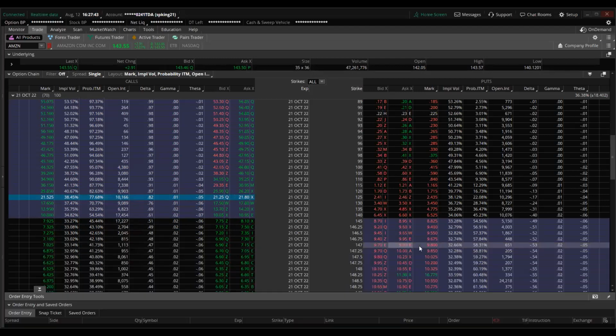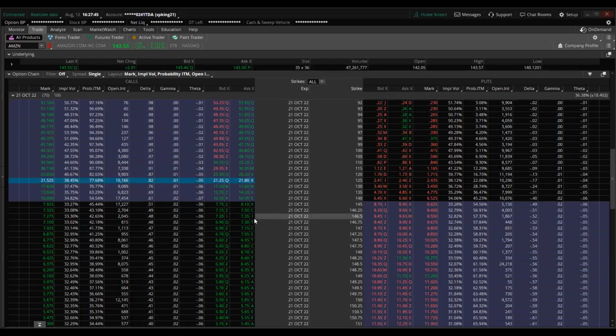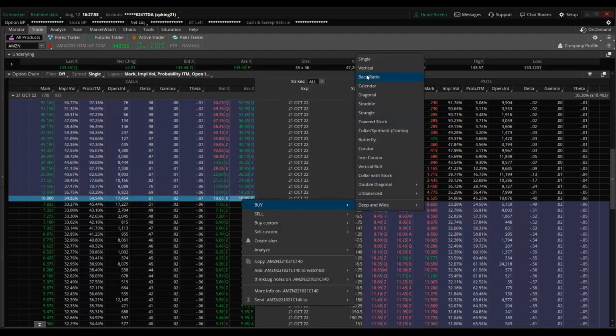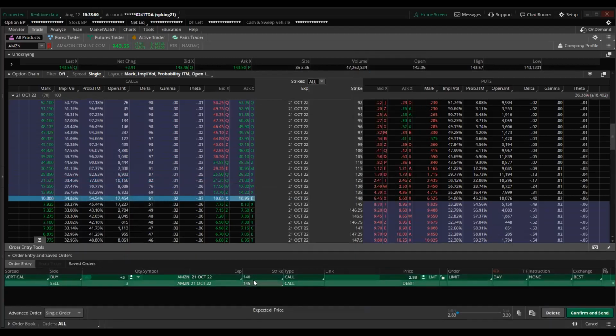If we go at the money, okay. So let's say if I go 1 or 2 strikes in the money, let's say if I go here at 10.95, right, the 140 strike, and I want to go buy vertical, and I have a 140 and I'm selling the 145.